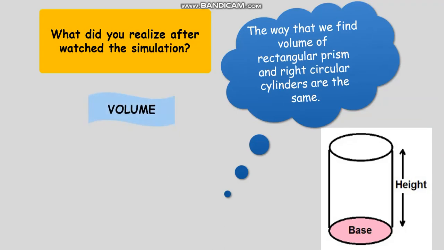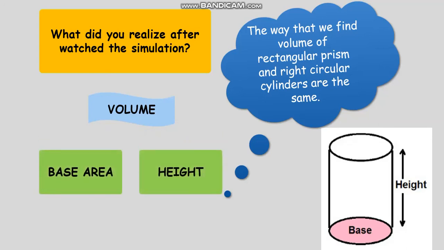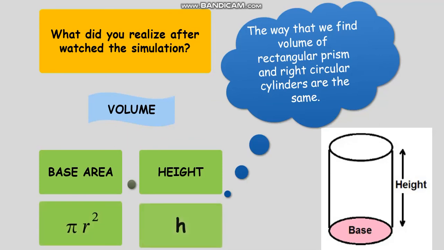So when we write the volume of a right circular cylinder, we can say that volume equals base area times height. And what is our base area? If we say the radius is r, it equals π times r squared. And what is the height? If we say it is h, it equals π times r squared times h.